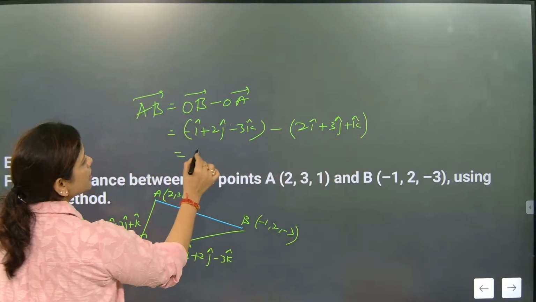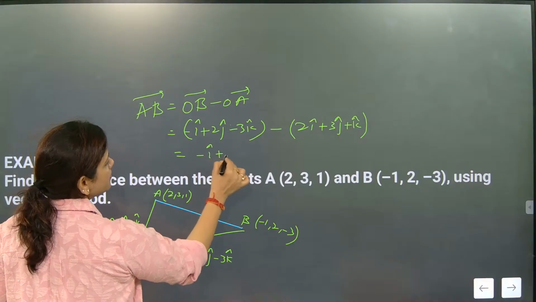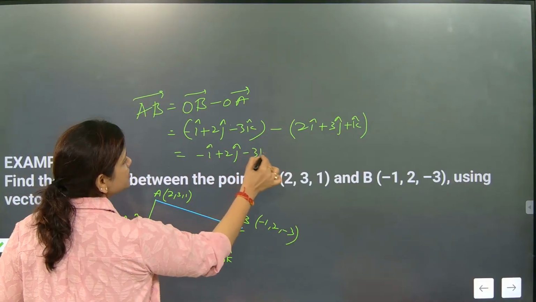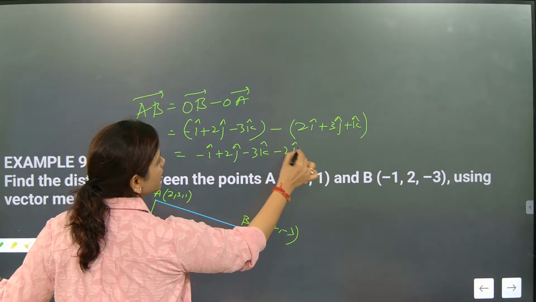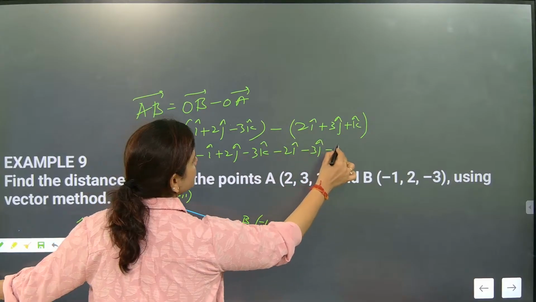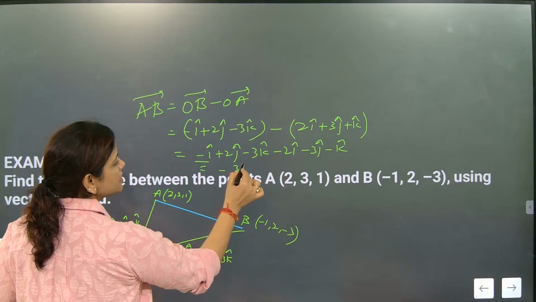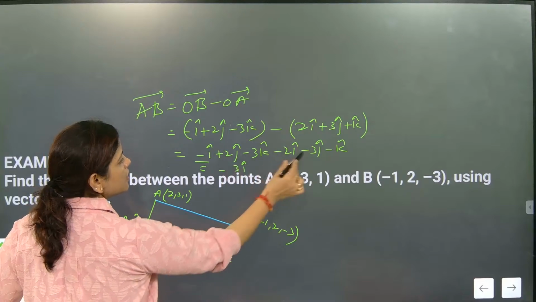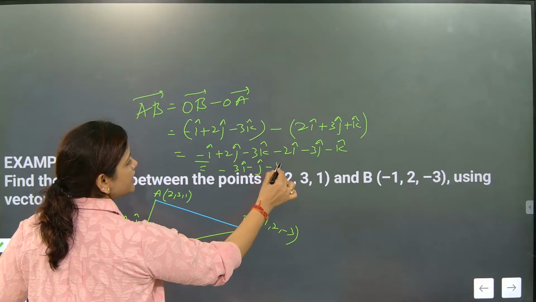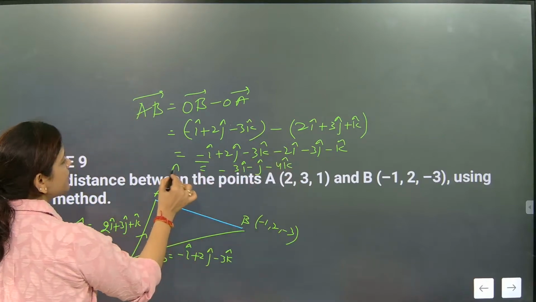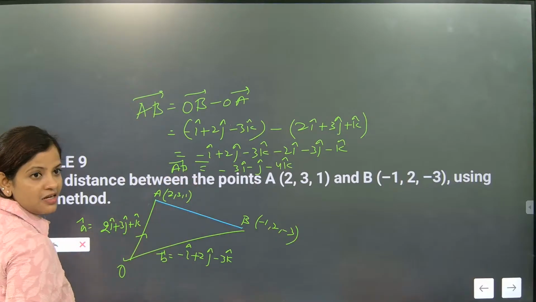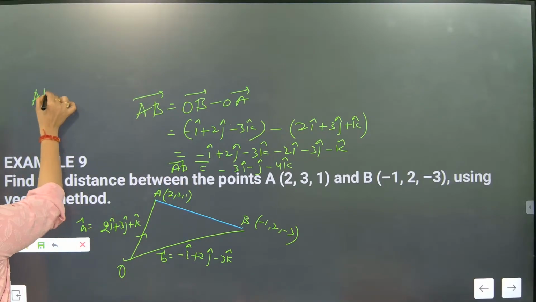Come on, go for it. Minus i plus 2j minus 3k minus 2i minus 3j minus k. Come on, what is the value, beta? Minus 2i minus i, minus 3i, minus j, minus 4k. This is coming as AB vector. But they ask for distance. Distance means what, beta?